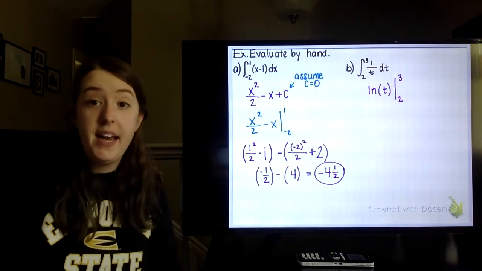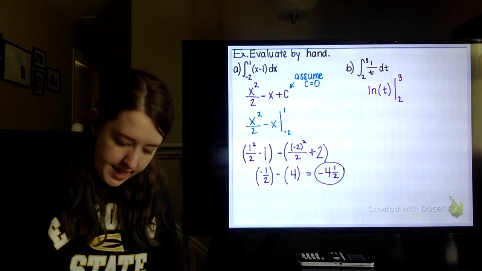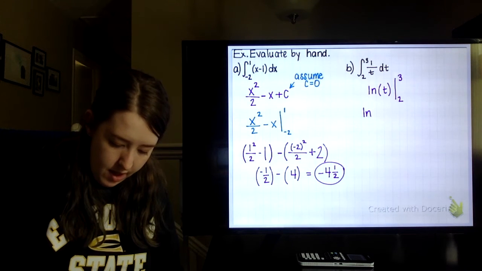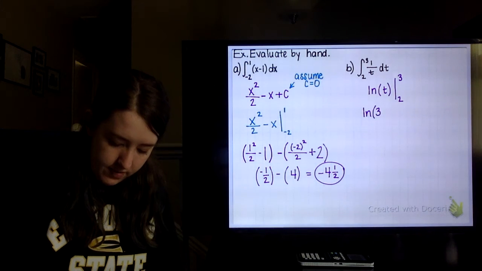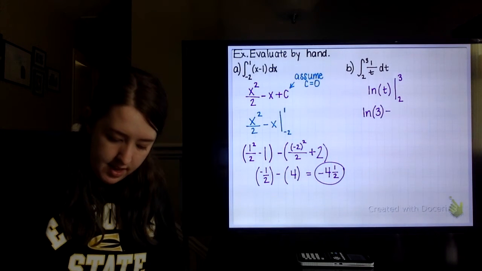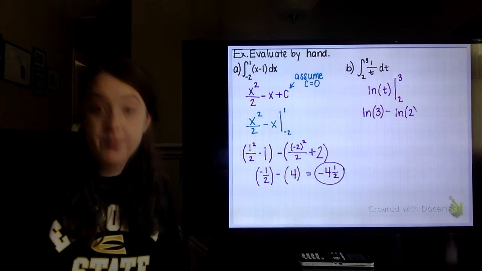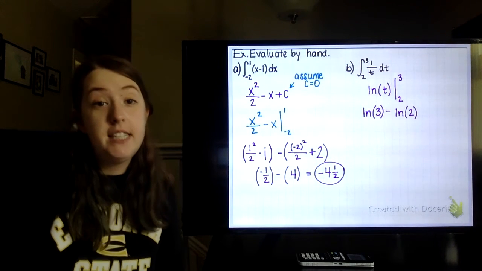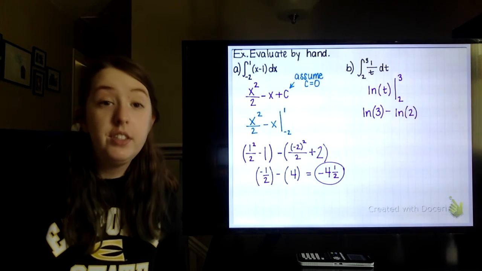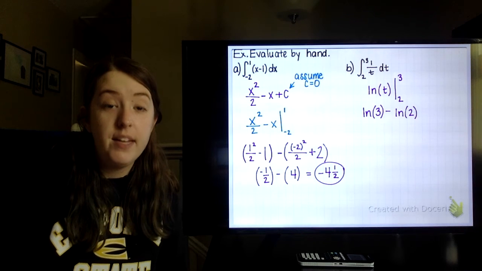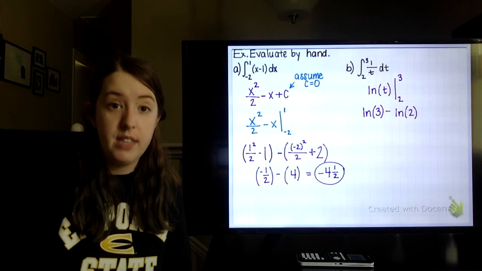So now we have to go ahead and plug that in. So I'll take the natural log of 3 minus the natural log of 2. Now you might be tempted to leave it like that, but I want you to remember how we expanded and condensed logarithms last year.